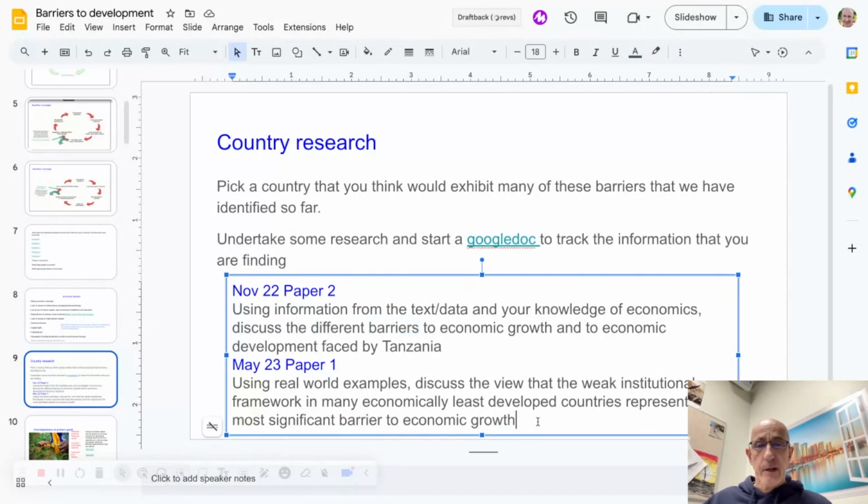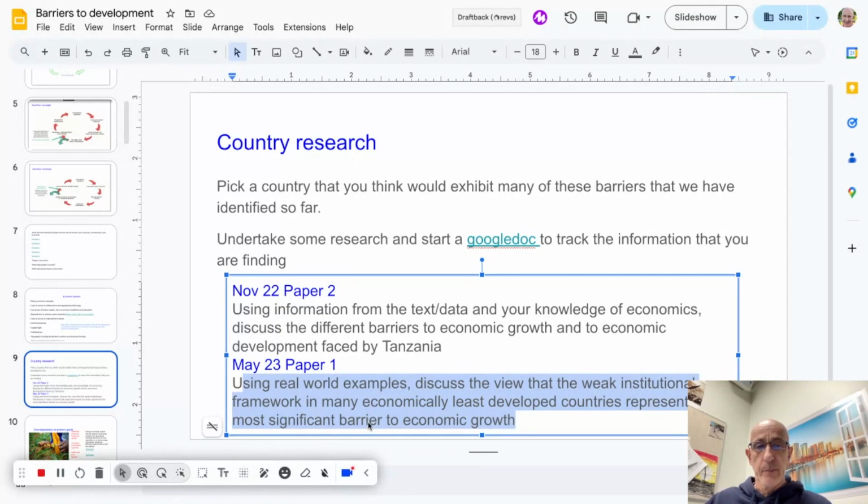You also find it in Paper 1. The third question in Paper 1 is going to be on Unit 4, Global Economy. Here's a question from Unit 1. Discuss the view that the weak institutional framework in many economically least developed countries represents the most significant barrier to economic growth.